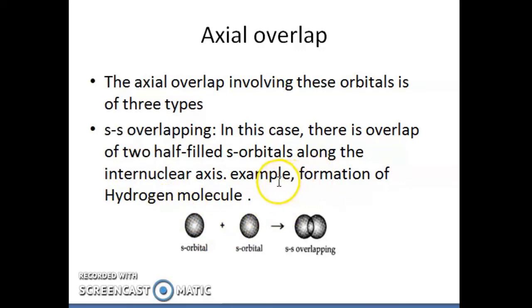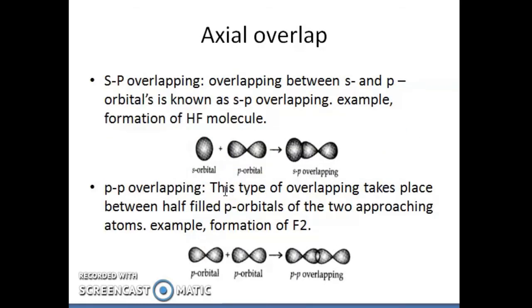For example, the formation of the hydrogen molecule involves SS overlapping. The next type is SP overlapping. The name itself signifies that there is an overlapping between s and p orbitals.